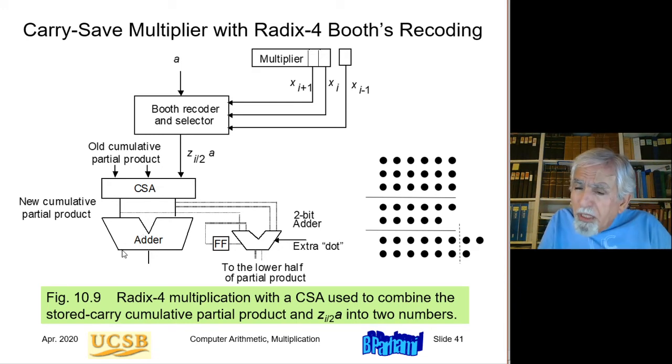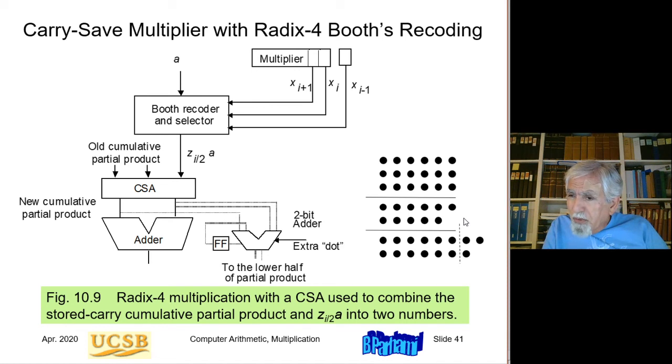However, there is a complication here that we need to deal with. When I take the carry save partial product and add the third number, and I get the sum bits and the carry bits, given that this is radix 4 multiplication, I have to shift to the right by 2 bits.